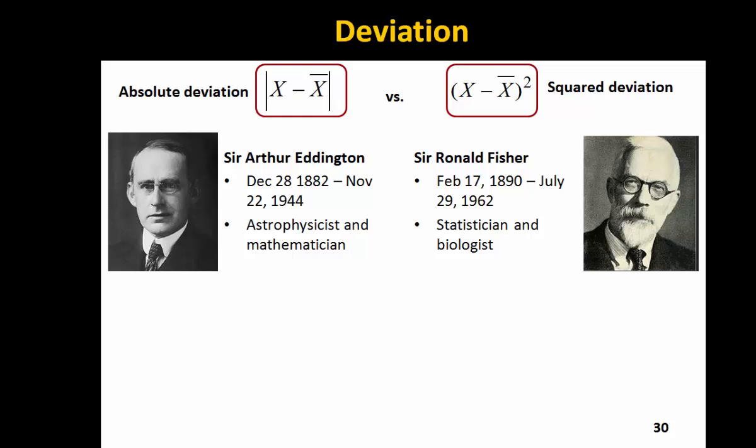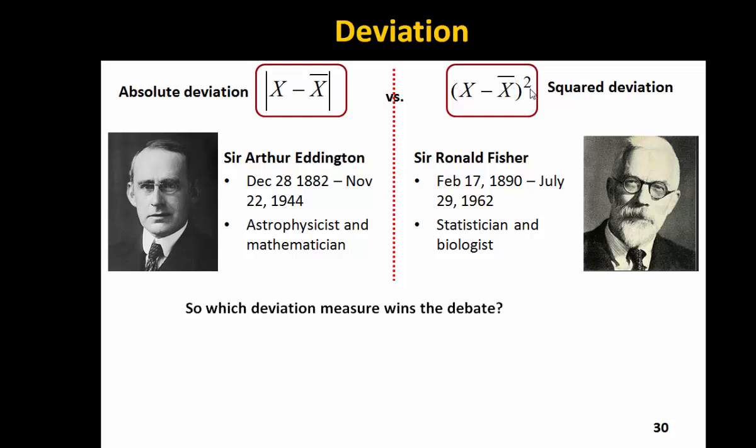The squaring would carry out the same function as the absolute value in getting rid of the negative sign. This proved to be a bit of a debate and challenge between these two scientists in terms of which approach was better.